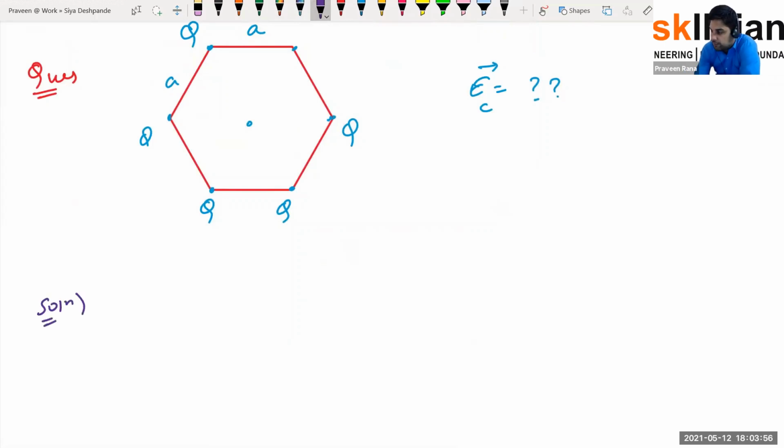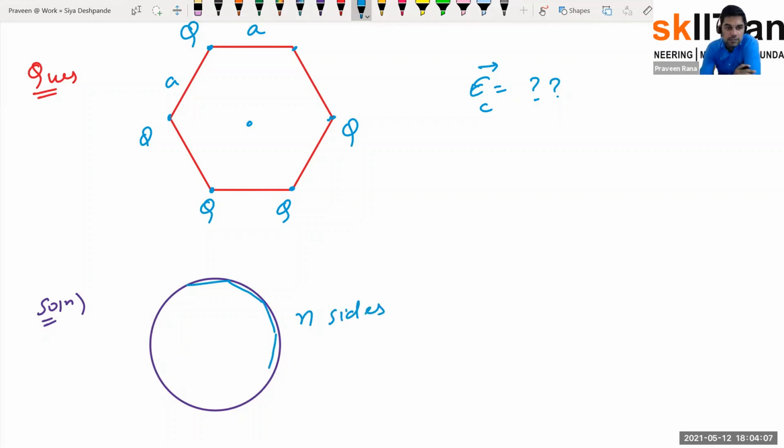Let's quickly see, we have a polygon with, let's say, n sides. N can be any number greater than or equal to 3. We have put charges Q on all corners except one. This is the first corner, that one's the second, third, and this is the last corner, the nth corner.